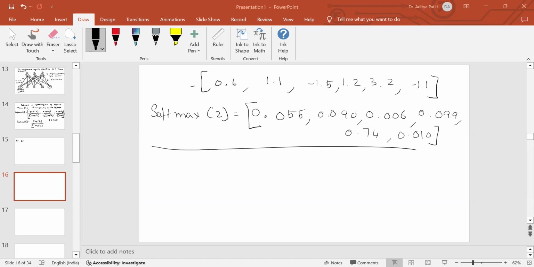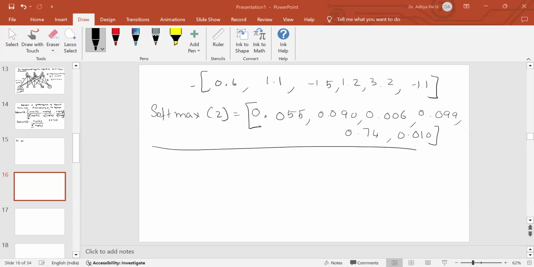And after that, the activation function is applied to the output layer, the second layer, and what you get is a of 2, which is y hat equal to a of 2. This particular aspect I have explained in this equation.